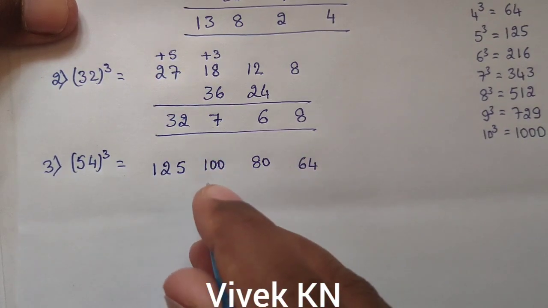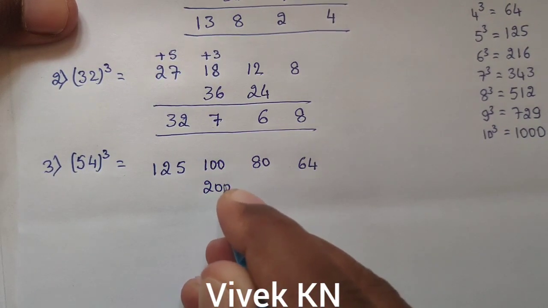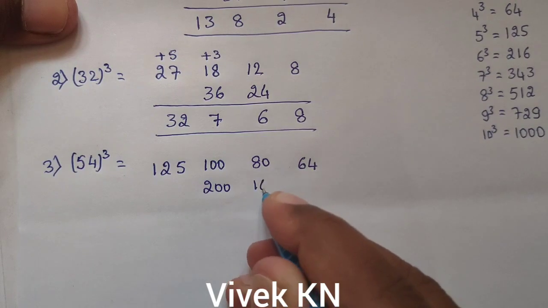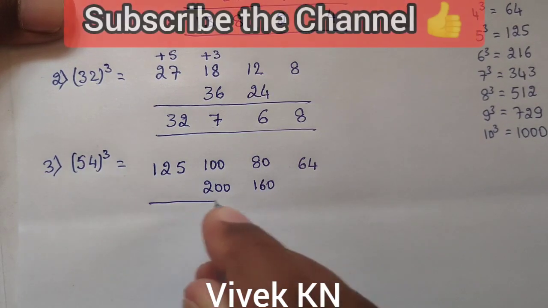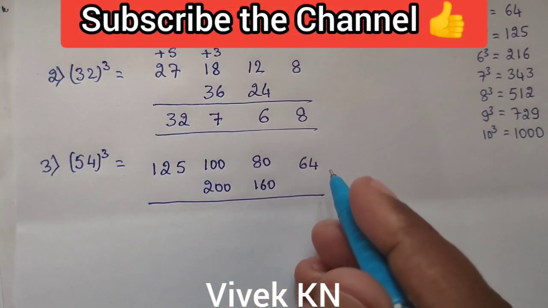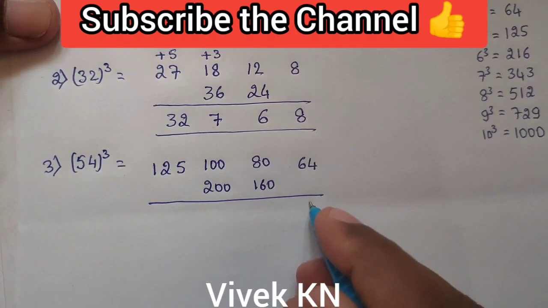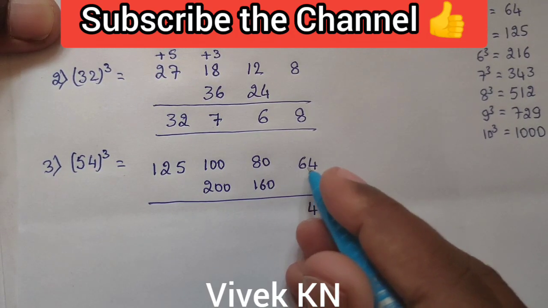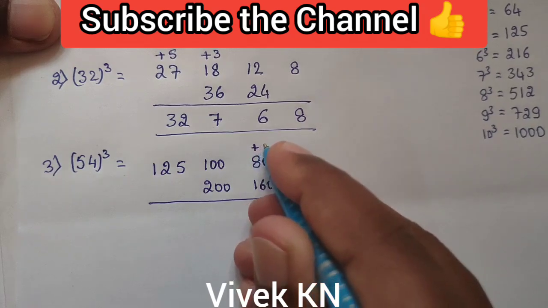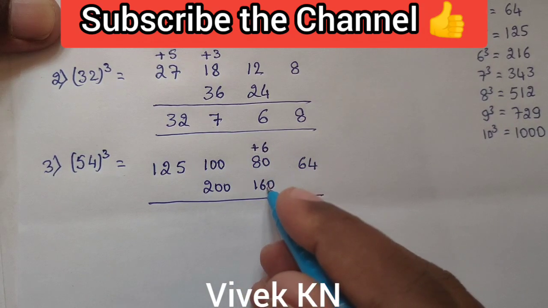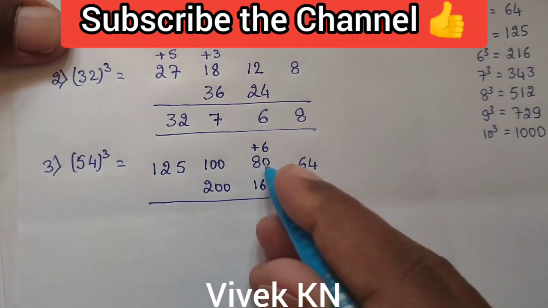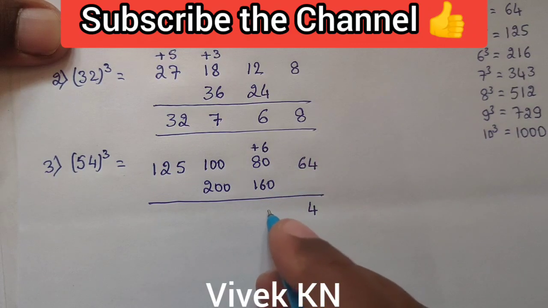So 100 plus 100 is 200. 80 plus 80 is 160. Here we write 4 as it is, and this 6 is taken as carry. 160 plus 80 is 240. 240 plus 6 is 246.